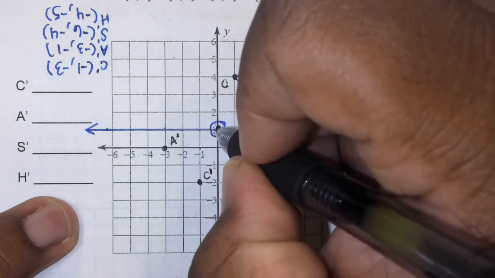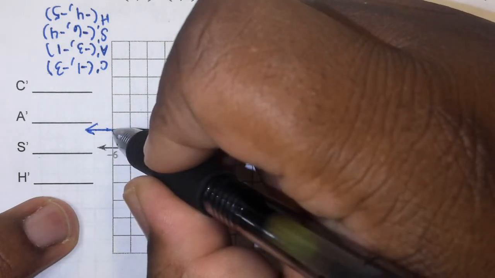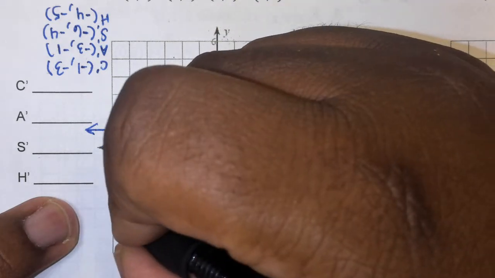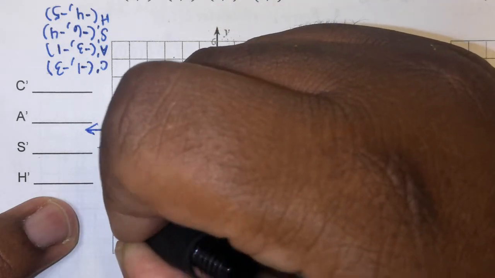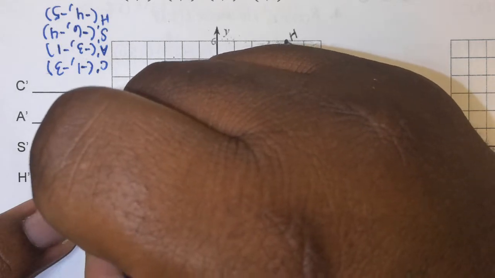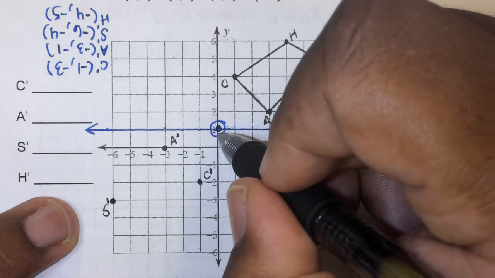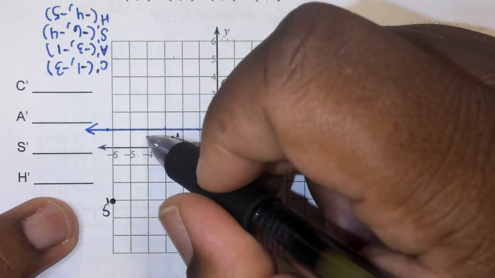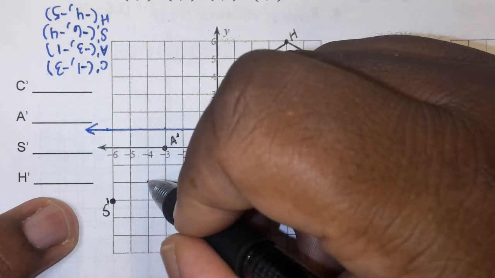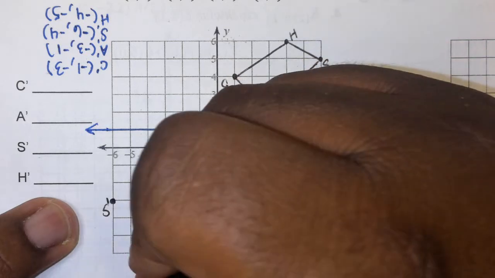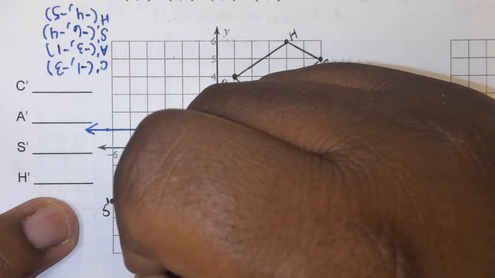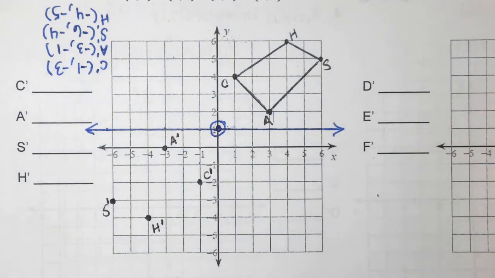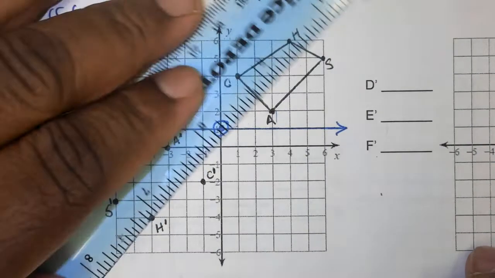Then S, -6, down 1, 2, 3, 4. S prime. And the last one, H, it's -4, down 1, 2, 3, 4, 5, -5. This will be H prime. And connect.